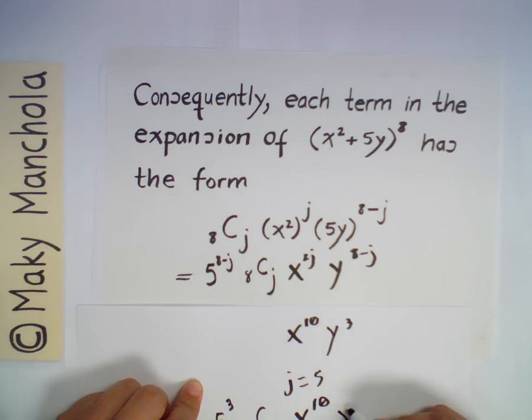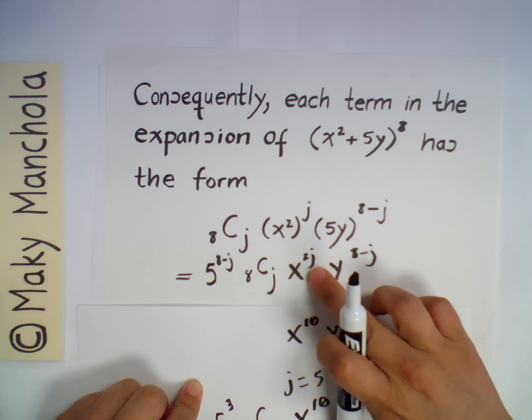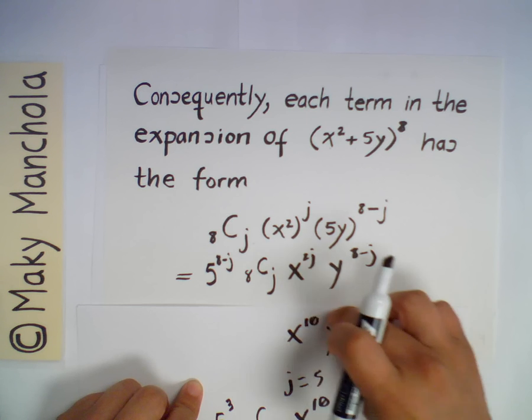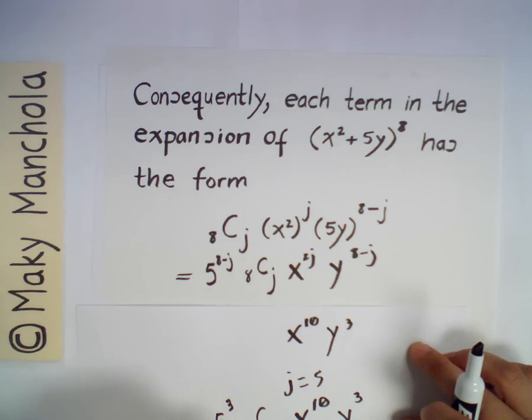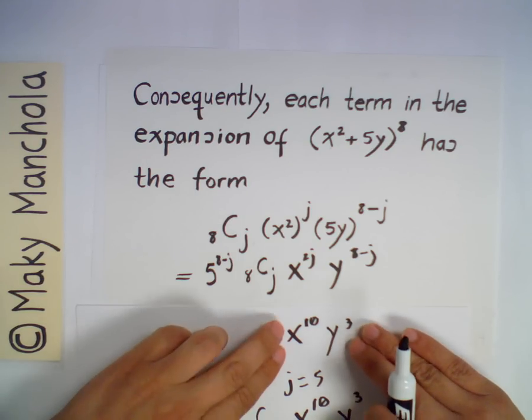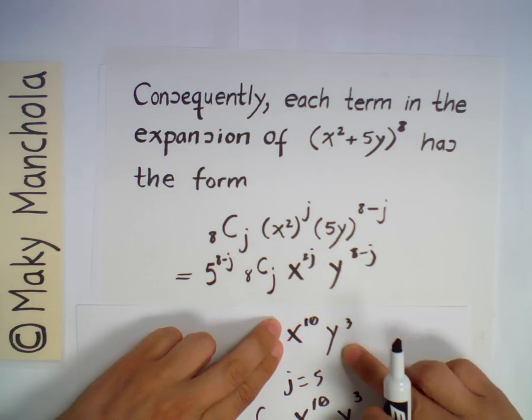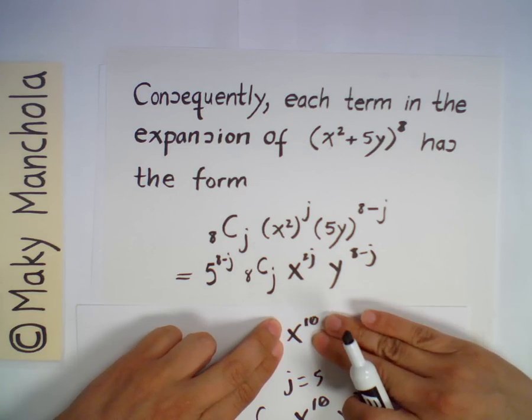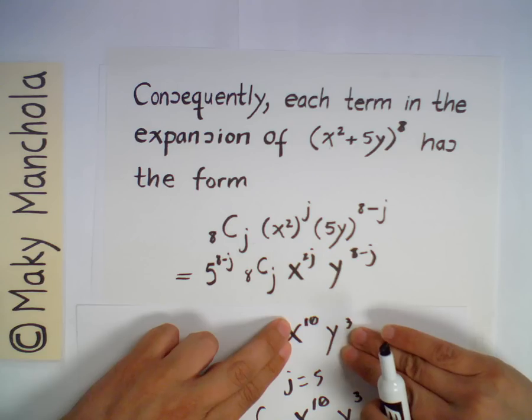y to the third. Now this problem is clearly rigged. By just plugging j equals 5, we get the term x to the 10 y to the third. In creating this problem, we needed to specifically not just say x to the 10 and y to an arbitrary power.